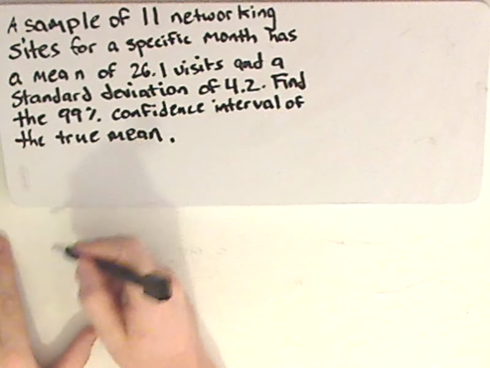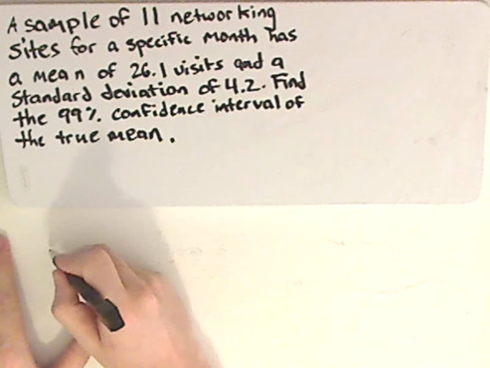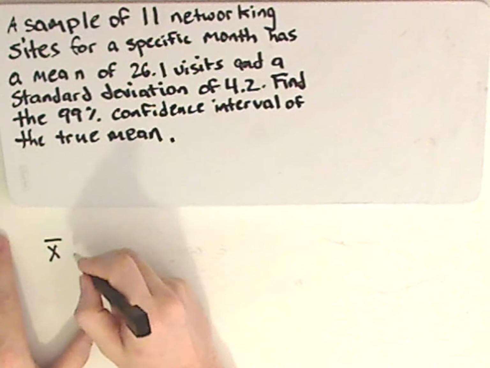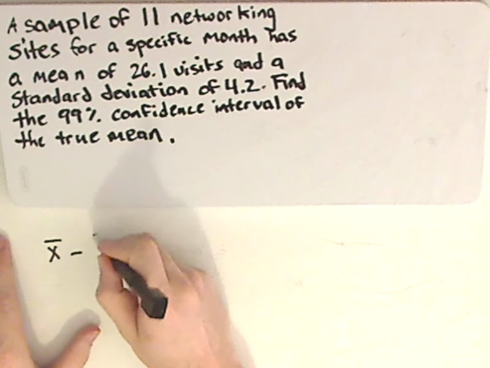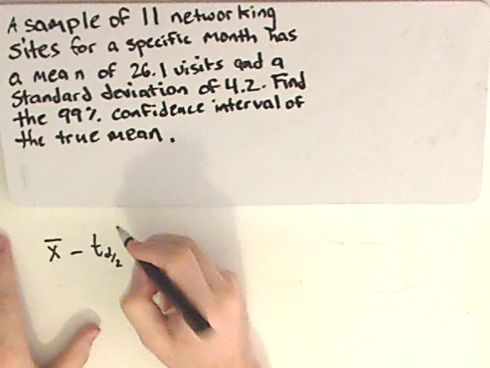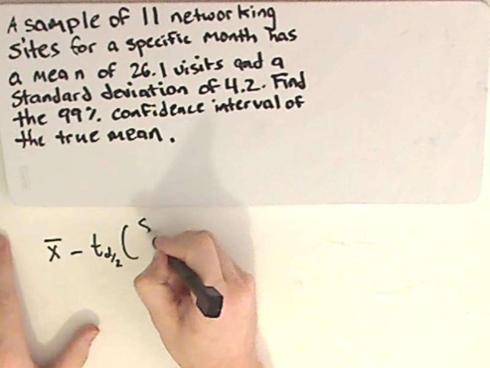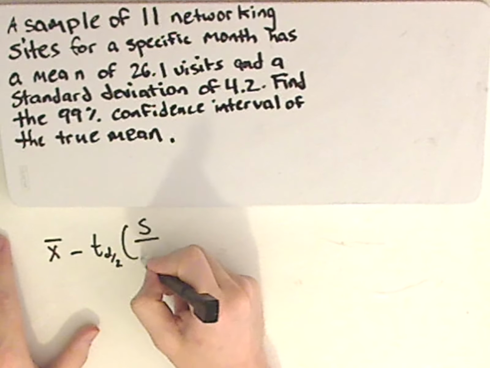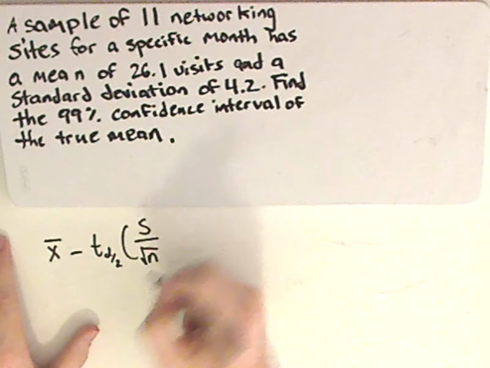So the confidence interval formula that you're going to be using is x bar, which is the mean of the sample, minus t-score alpha over 2 times the standard deviation of the sample divided by the square root of n.